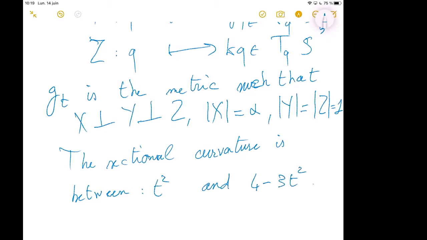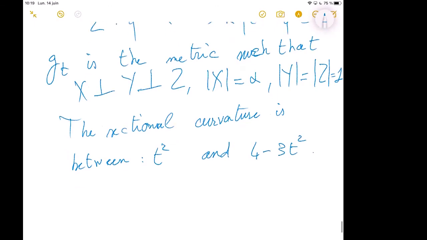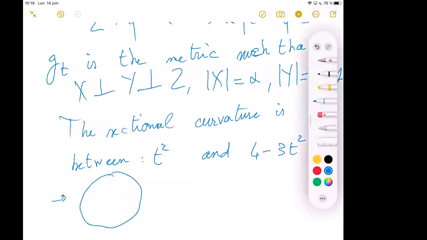And what's going on? For t equal 1, it's just the standard round metric of constant curvature. Sorry, I changed my notations. So for t equal 1, this is just the standard round sphere.